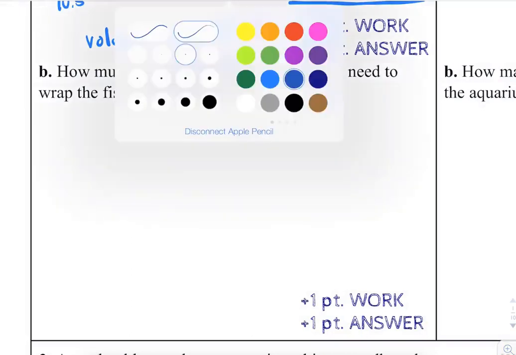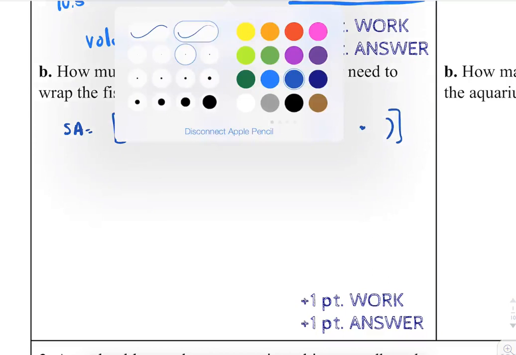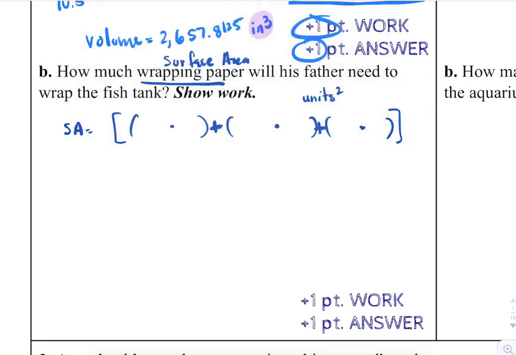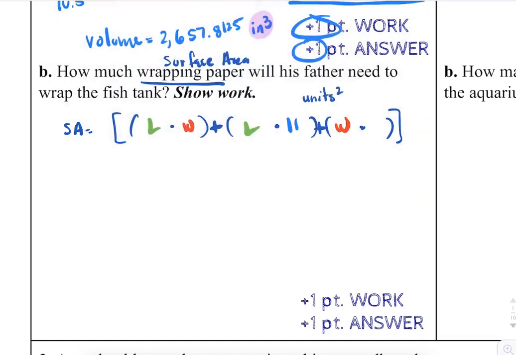So surface area is equal to, and this is rectangular prisms specifically, multiplying 3 sets. I should have length times width. Well, I'm just gonna write the numbers down. Actually, length, length, and then width, width, and then height, height.